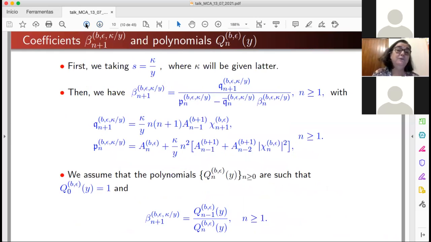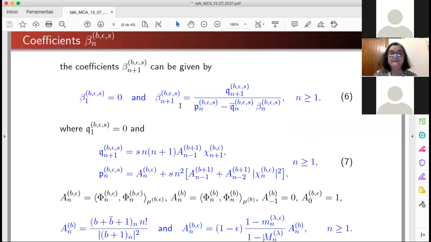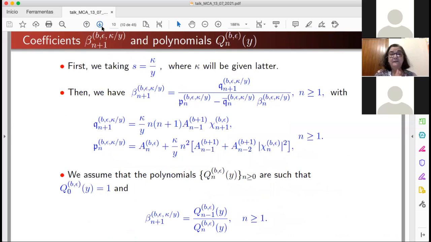So all until here is just the background, the results that we need. Now we are going to think about how to relate the coefficients beta with a polynomial that I'm going to call here Q n b epsilon. First, we are going to make a trend. We are going to say that s, the parameter in the Sobolev, will be written as kappa over y.